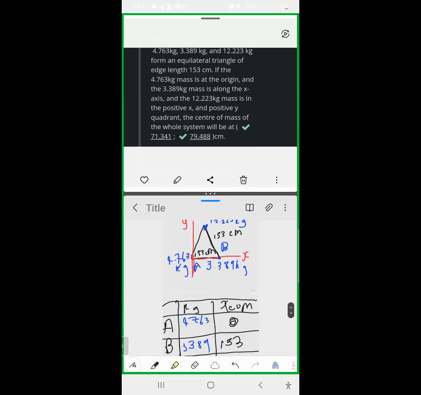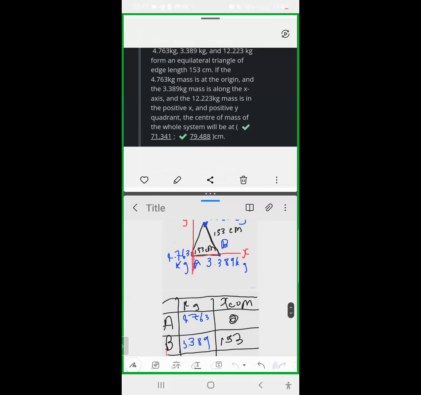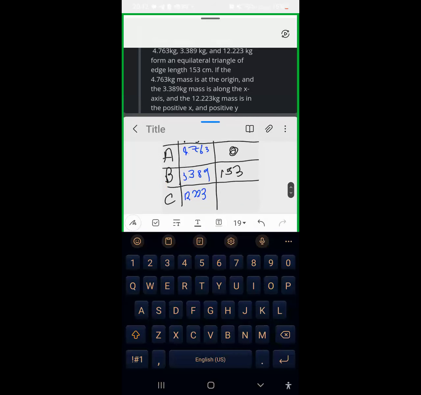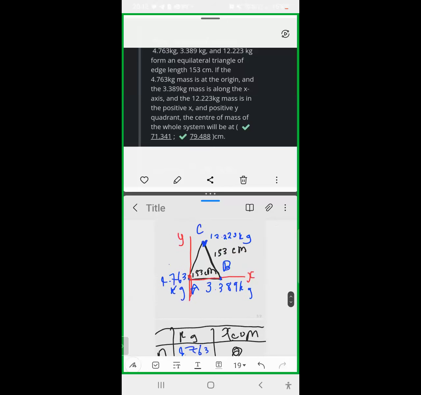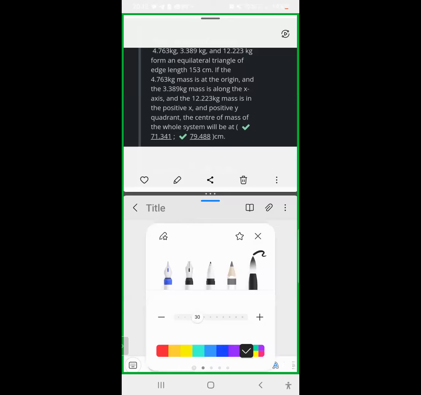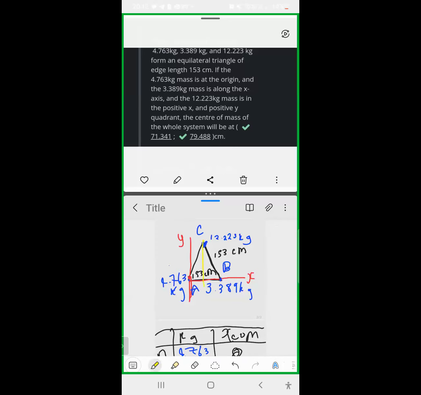centimeters. And then for point C, we can notice that it is located on the axis of symmetry. Since it's an equilateral triangle, a triangle with equal sides, the X coordinate is basically at the middle.